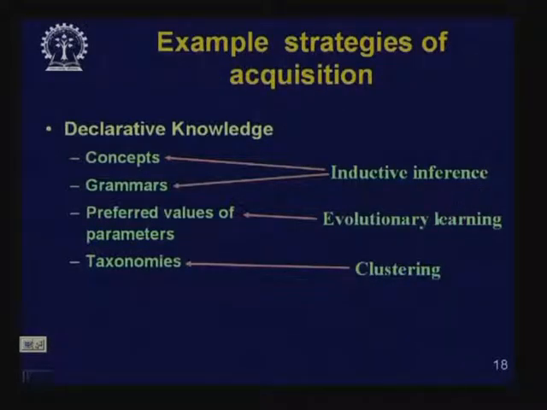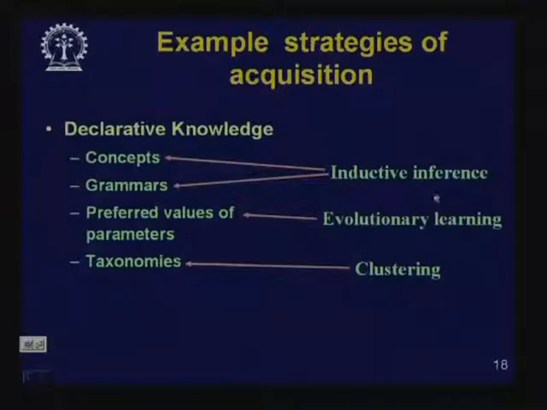And then there could be different strategies by which these learning rules can be acquired. Inductive inference can be used to learn concepts or to learn grammars. Evolutionary learning or genetic algorithms can be used to learn certain preferred values of parameters. In unsupervised learning, clustering can be used for learning taxonomies.